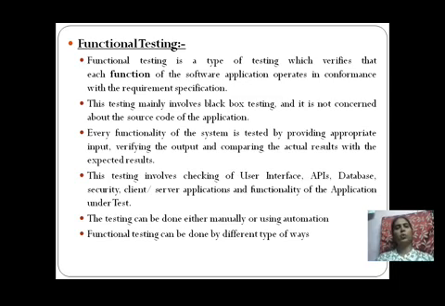In four ways. Why? Because in the first case a user may enter a valid username but an invalid password. In the second case, the user enters an invalid username but a valid password. Again, in the third case, suppose the user has entered both input values in an invalid way, meaning they are not entering valid input and output.